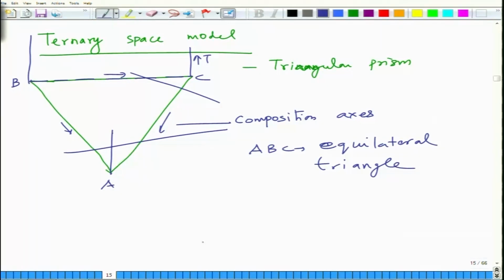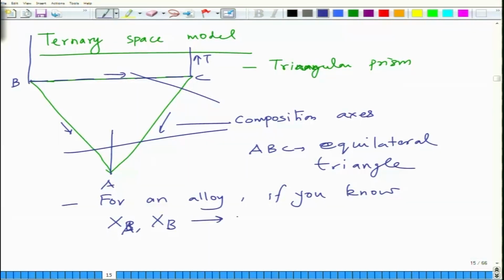All right, and so for an alloy, if you know XA and XB, then XC is automatically known for a fixed temperature.